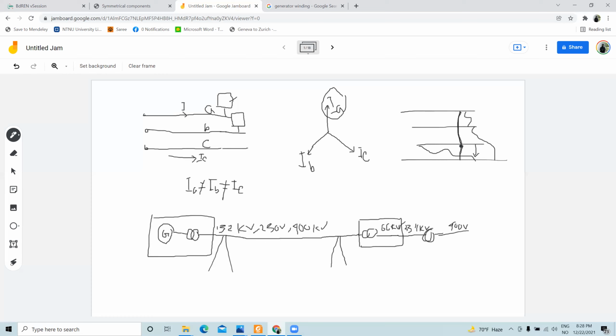So whichever short circuit or fault it is, it will create a very high amount of current to flow through the system. Because previously, the three phases, I am drawing these three phases, are connected to loads.